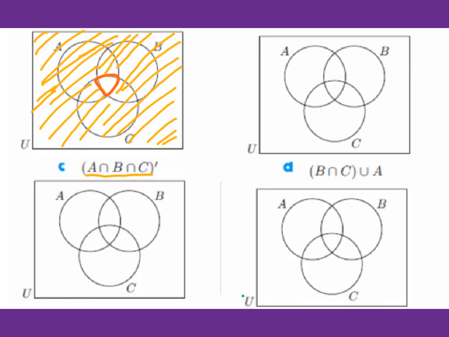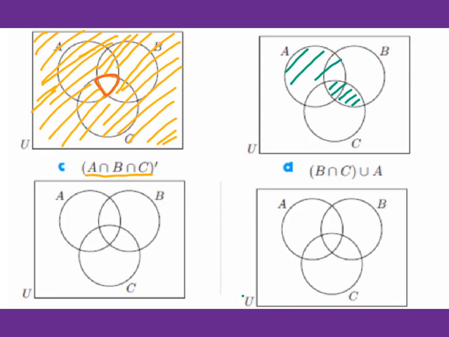For D, B intersect C. B intersect C will be this. Then union A, everything in A counts too. So you will keep going.